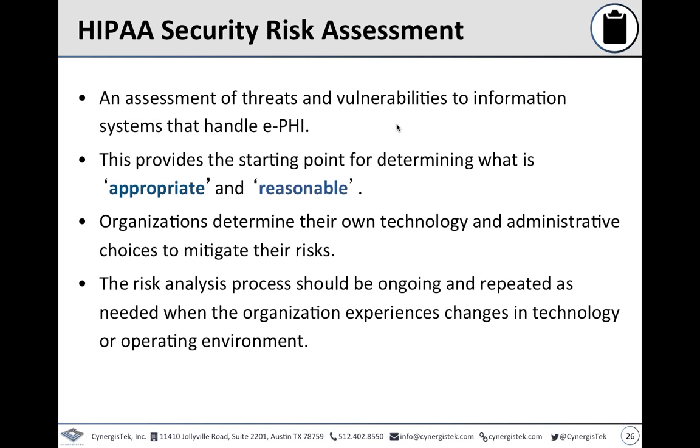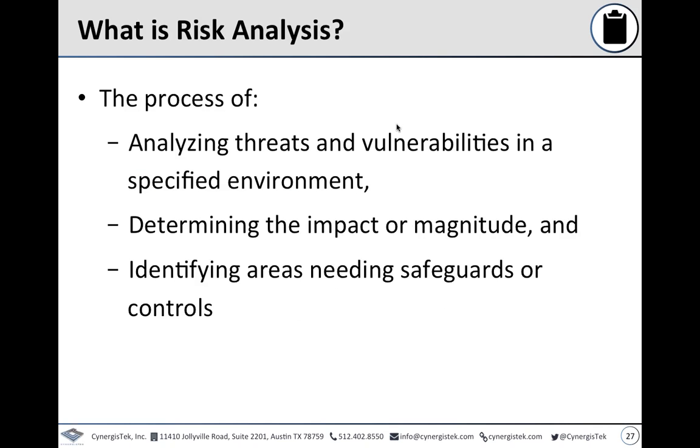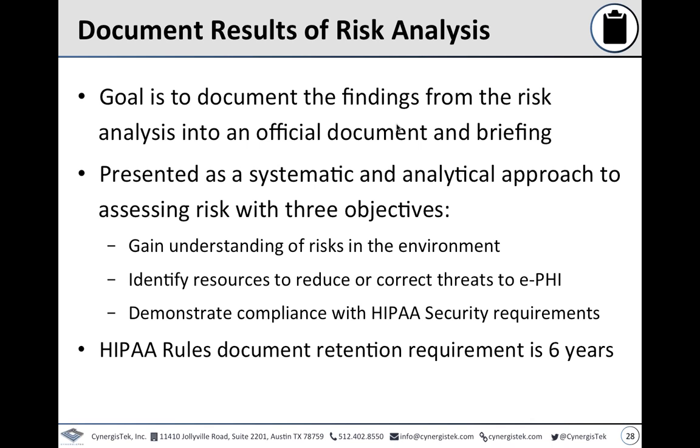So the scope of the risk analysis can be limited to those information systems that actually have access to protected health information. One thing to remember is that the risk assessment is an ongoing process of analyzing threats and vulnerabilities, and then determining the impact or magnitude, and then reducing the risk of those threats and vulnerabilities.